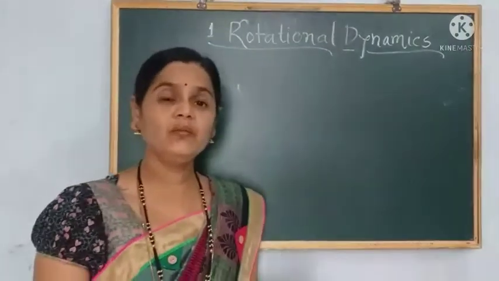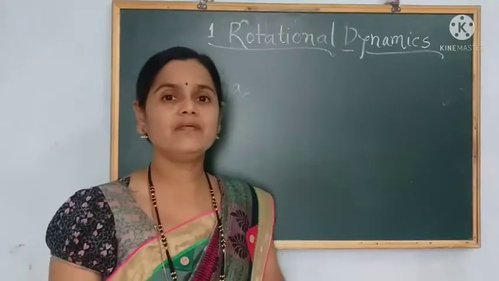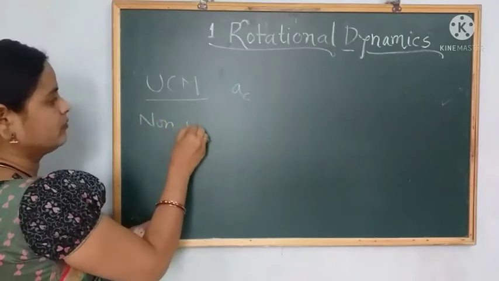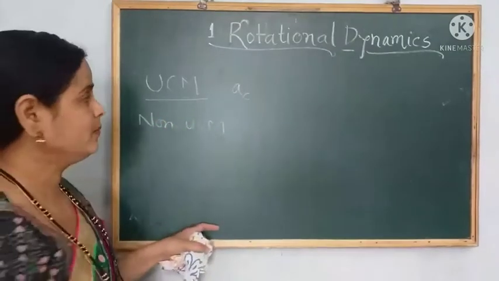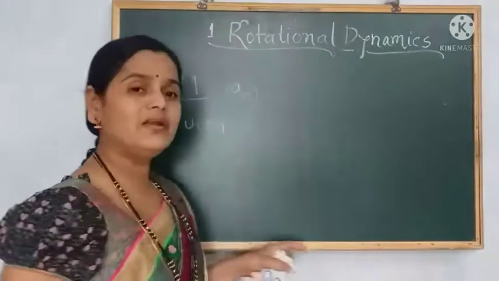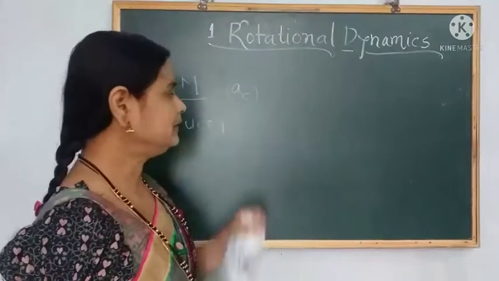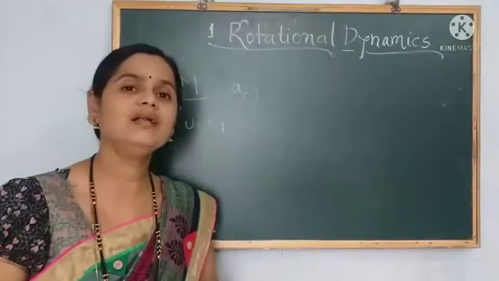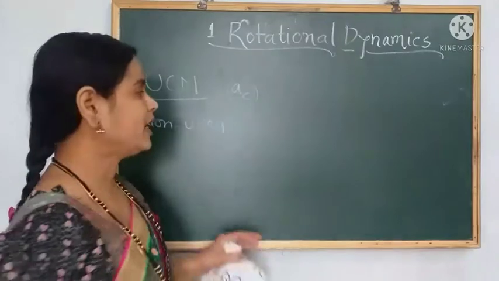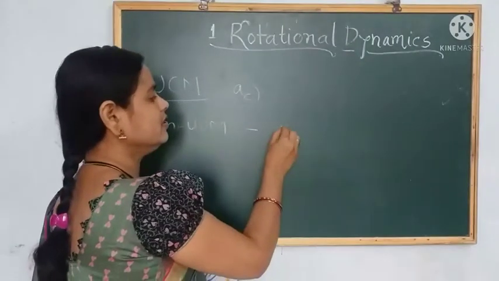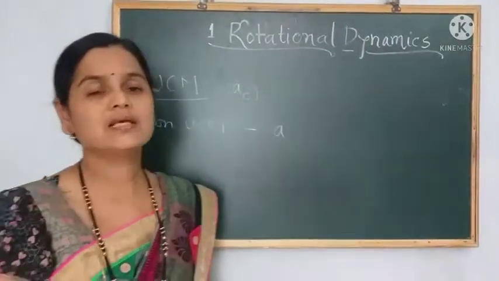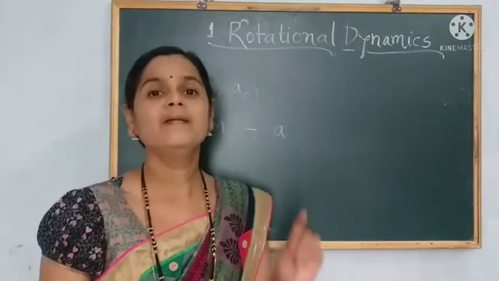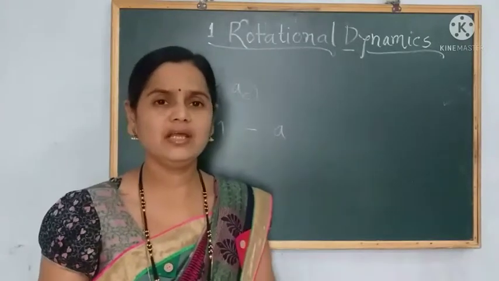And when the particle is performing non-uniform circular motion, then this centripetal acceleration is not alone, but the component of acceleration lying along the tangent to the circle gives rise to the net resultant acceleration, which is the vector sum of the centripetal acceleration and the tangential acceleration that we have seen.